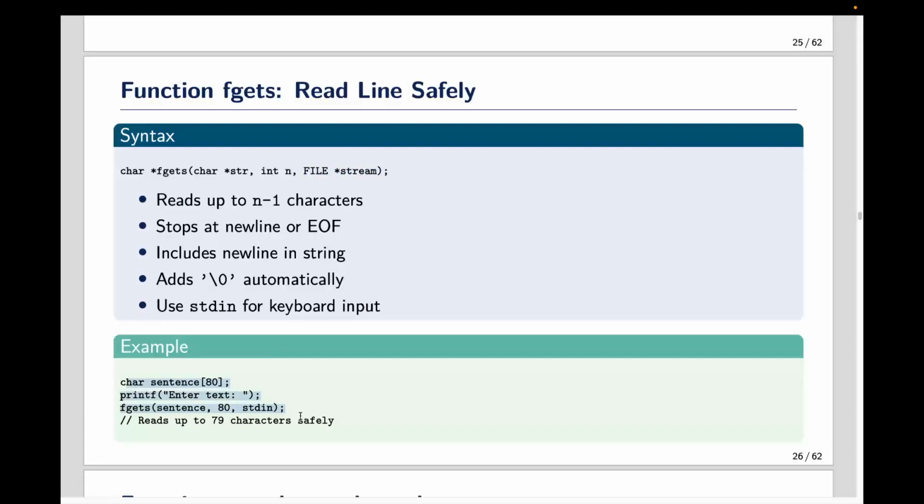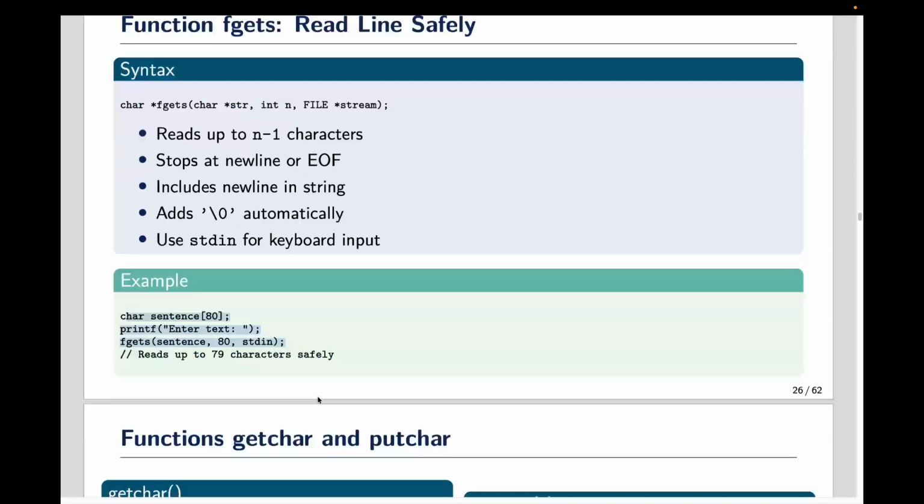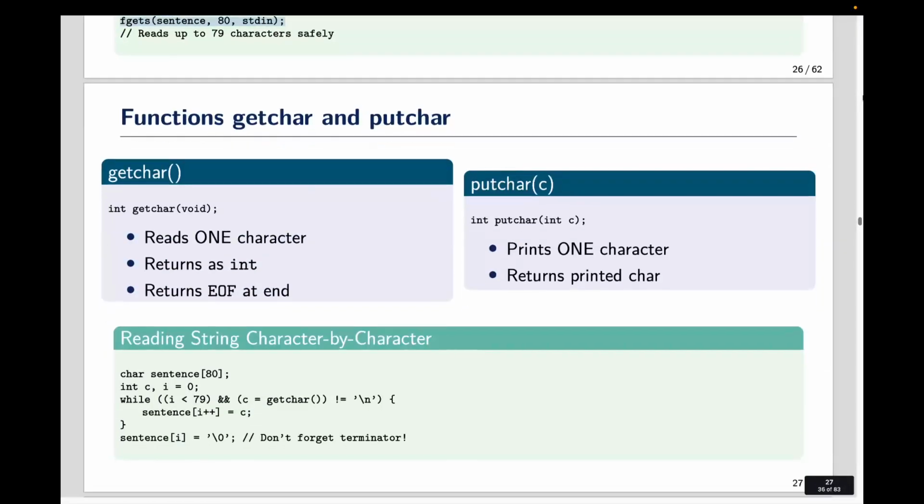Same thing in the fgets statement, we have just done the example. Then getchar and putchar, I've already told you: if you want to take character input, use getchar, and to output that character, use putchar. One very important thing: putchar has a return type int. Why int? Because characters are always stored as ASCII values, and ASCII values are 7-bit or 8-bit integers, so you can even do arithmetic.